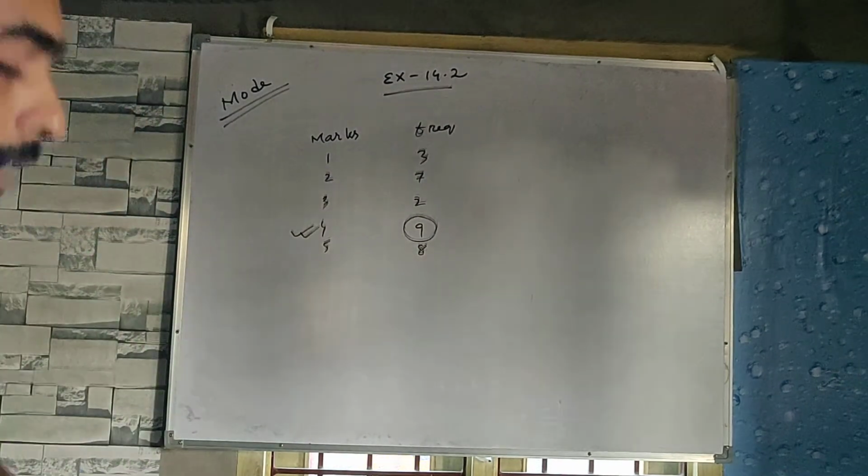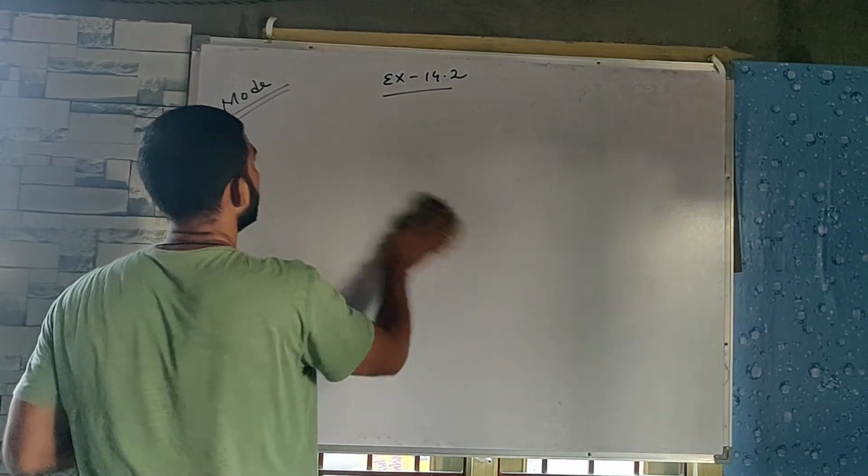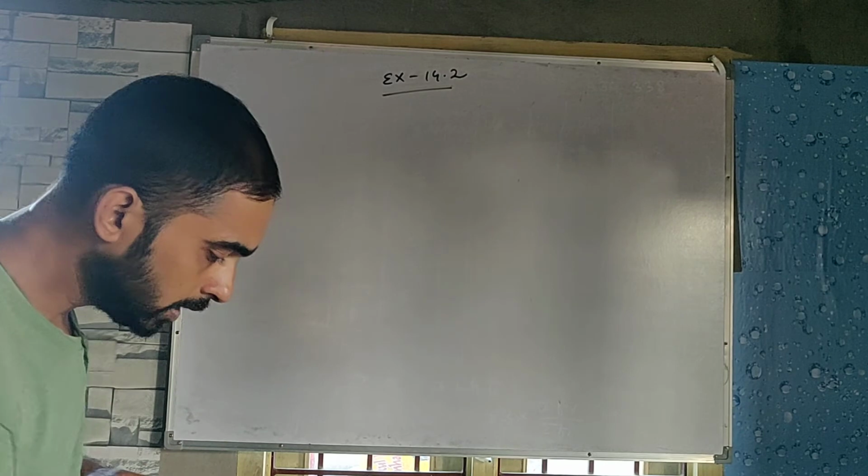Now a table will be given, and by using the formula we will find the mode of the table.